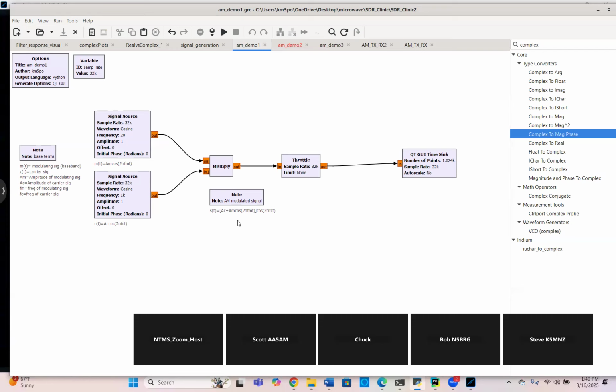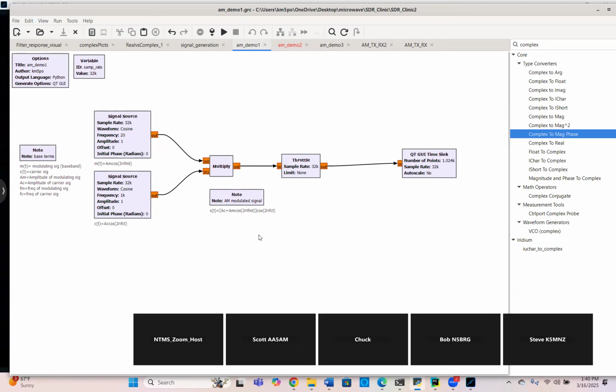Okay, now I want to move into this idea that we started with for this follow-up, I guess you'd call it, although I think we've been having meet clinics as we go. But let's start with a complex number and end up with a real number. And that's what happens if we're going to transmit.